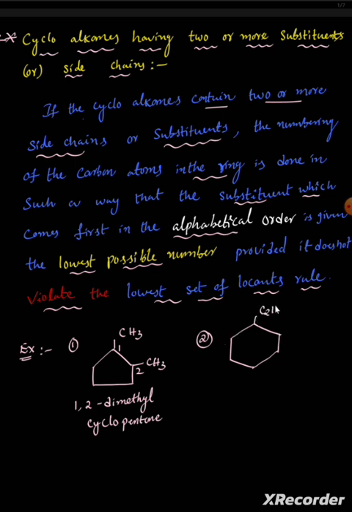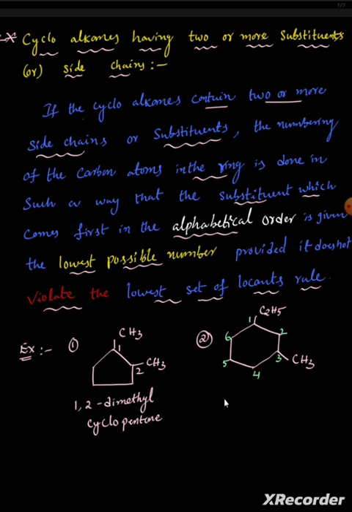Here C2H5, CH3. Here numbering is given as 1, 2, 3, 4, 5, 6. Here first preference we are giving to alphabetical order. Ethyl is first and next is methyl.